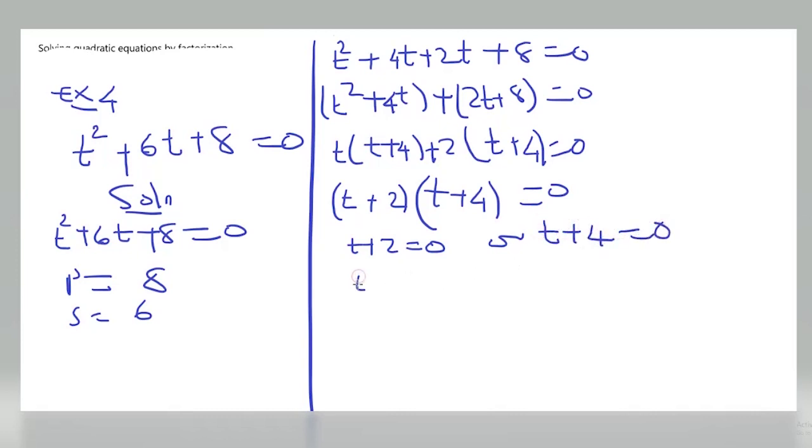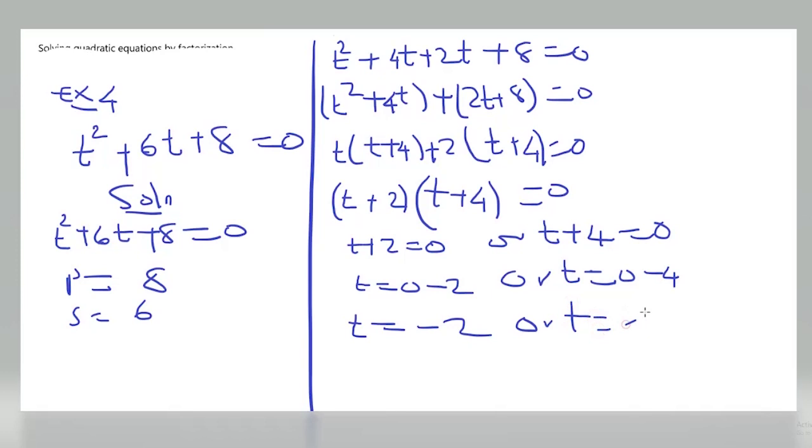Then t will be equal to 0 minus 2, or t will be equal to 0 minus 4. Then t is equal to 0 minus 2, which is negative 2, or t is equal to 0 minus 4, which is negative 4. This is the solution of that question.